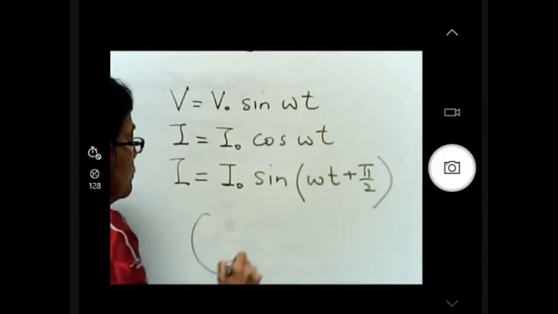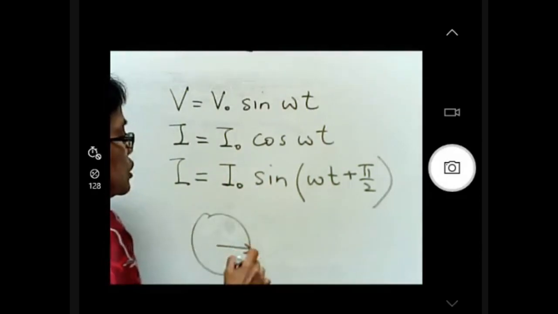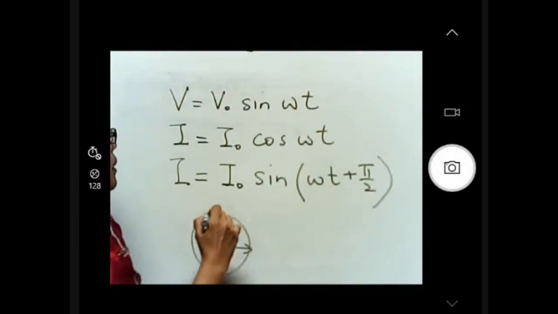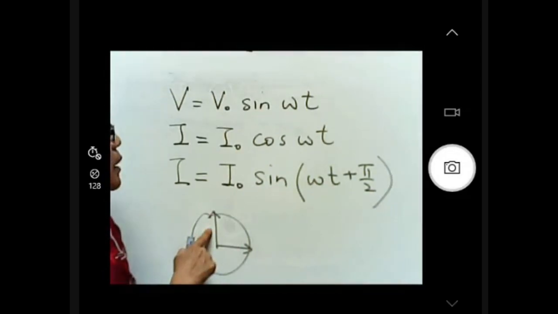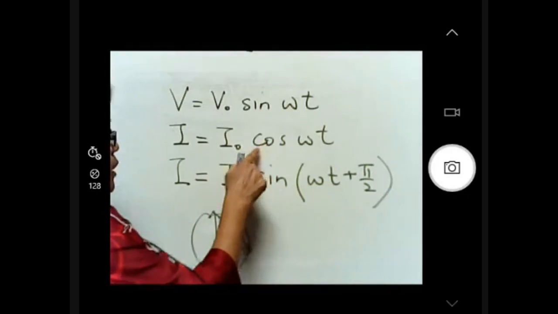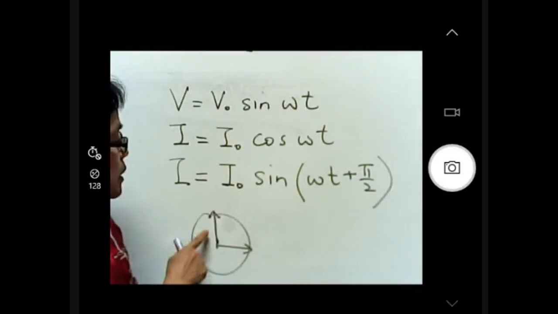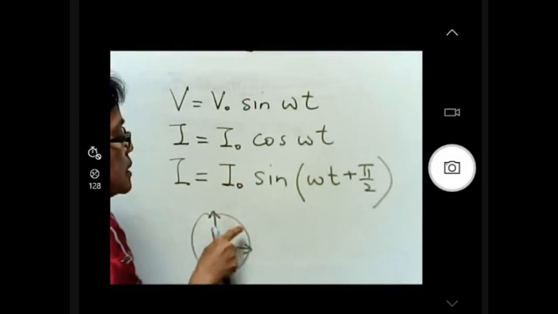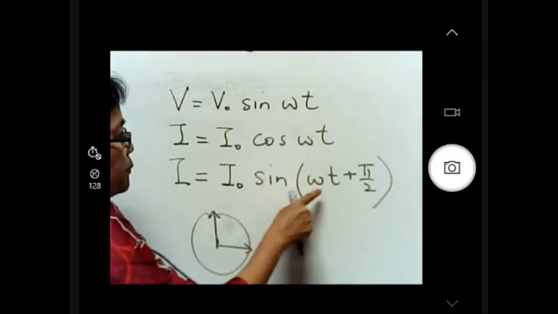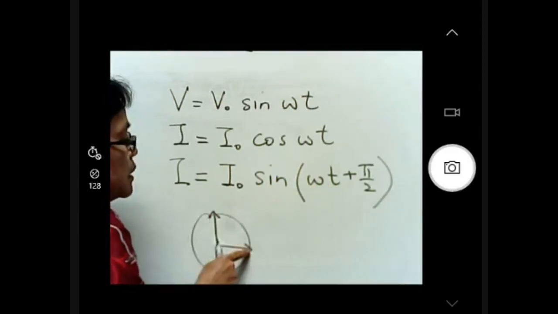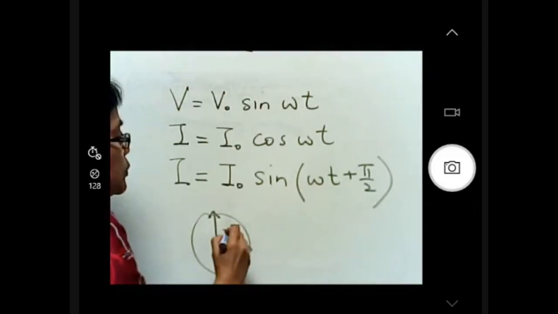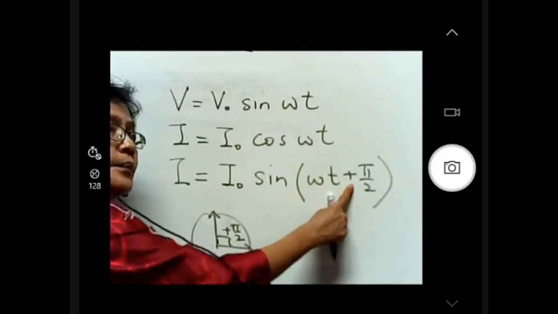Why is it so? Because sine is at this position, cos is at this position. Meaning we say that cos, if you are at this position, is faster than this point by pi per 2. So leading, so we put a plus sign.